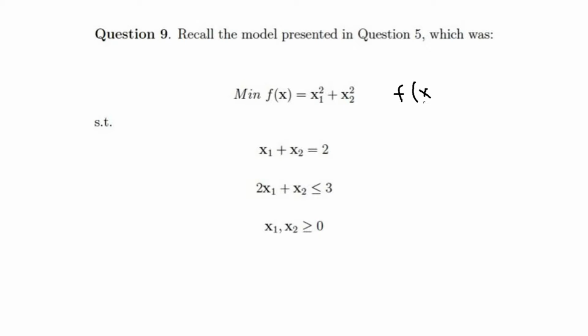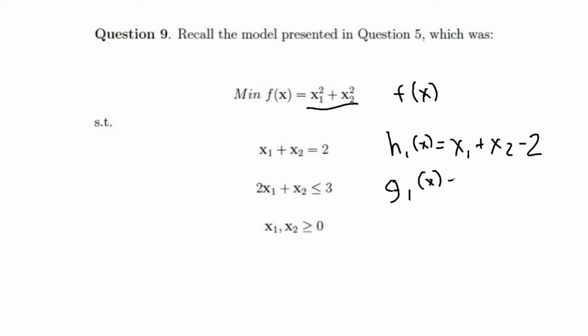by defining f of x. We've done that right here, x1 squared plus x2 squared. And then our equality constraints are written with h functions. In this case, it's x1 plus x2 minus 2. Then inequalities are written with our g functions.